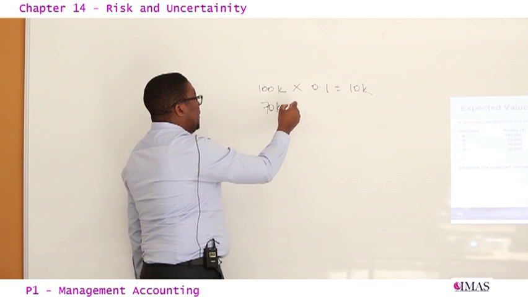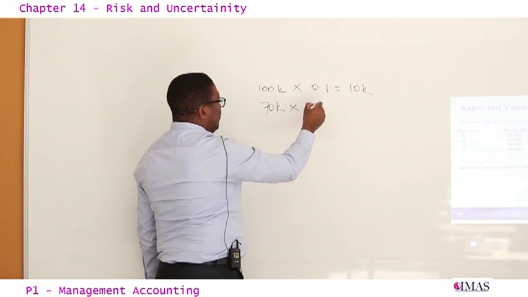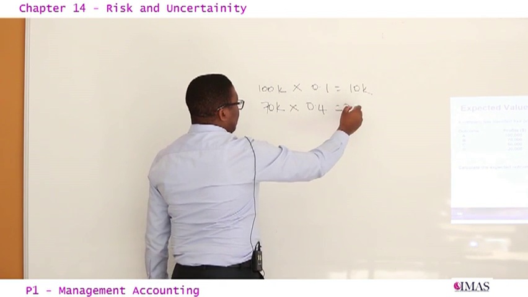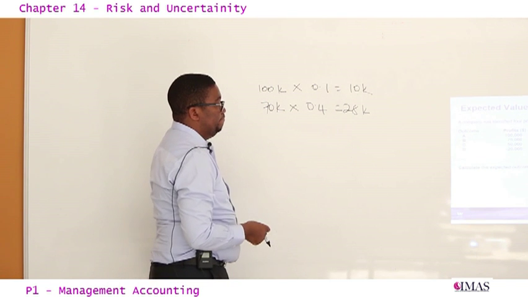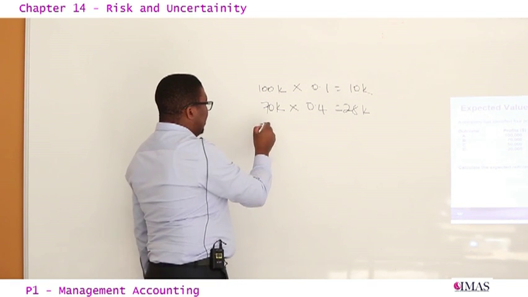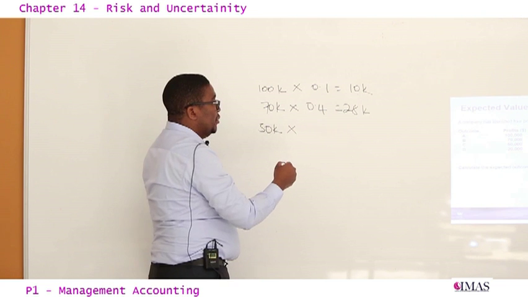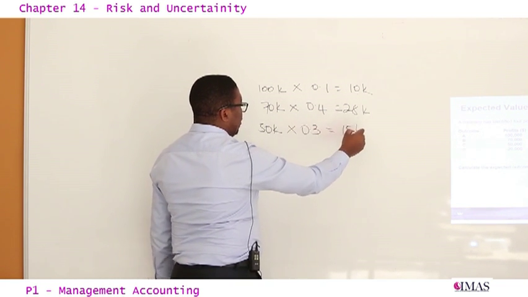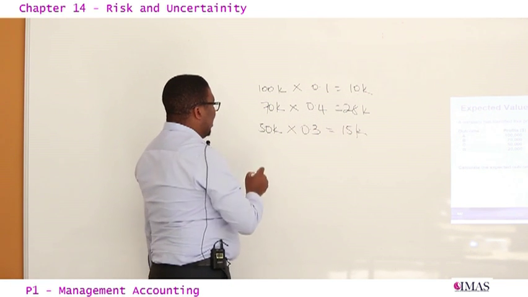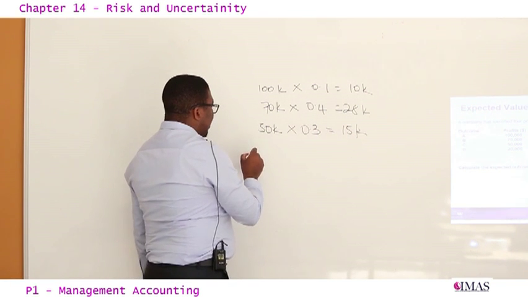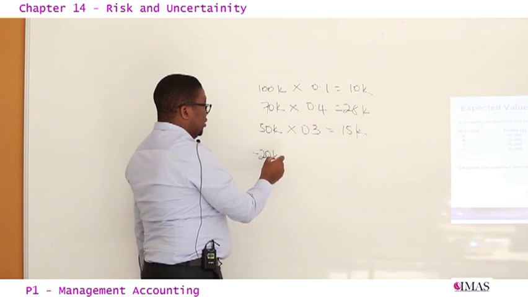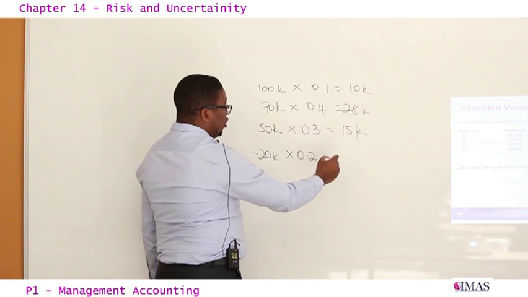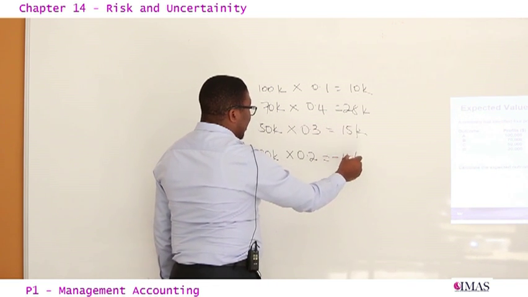70,000 multiplied by 40%, therefore that will give you 28,000. Then 50,000 multiplied by a 30% probability, that will give you 15,000. Then lastly, option D, it's a negative 20,000 multiplied by 20%. Therefore, that is going to give you negative 4,000.